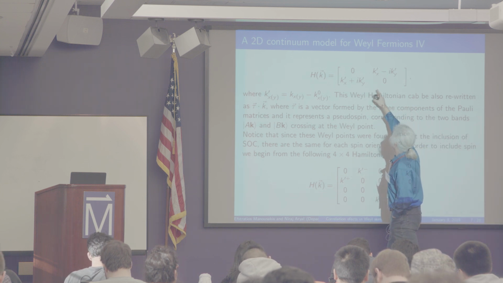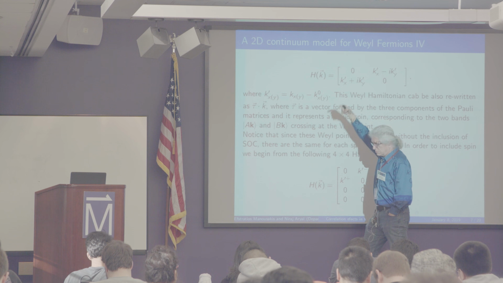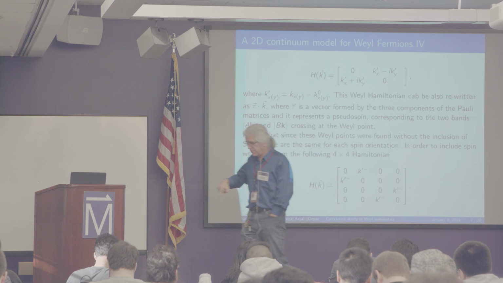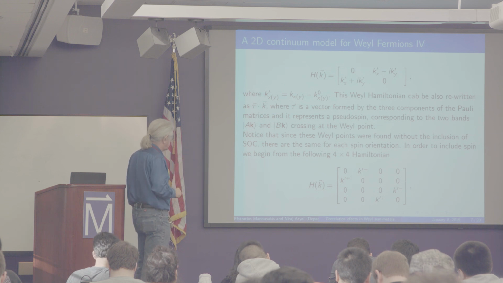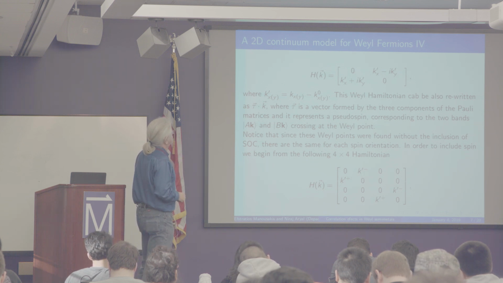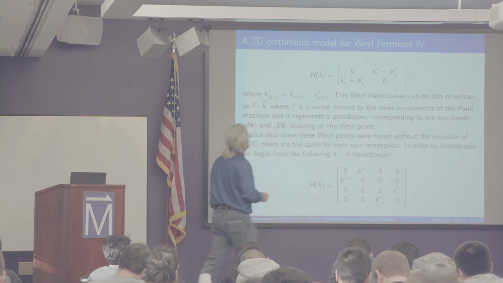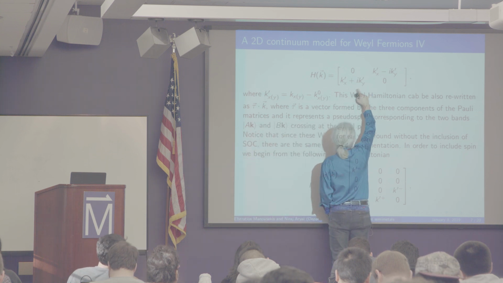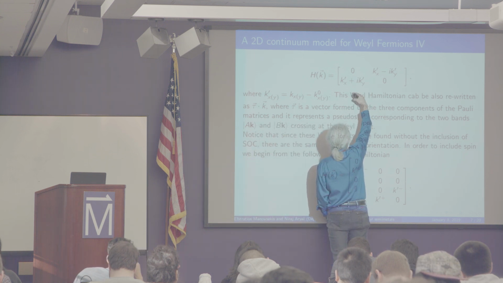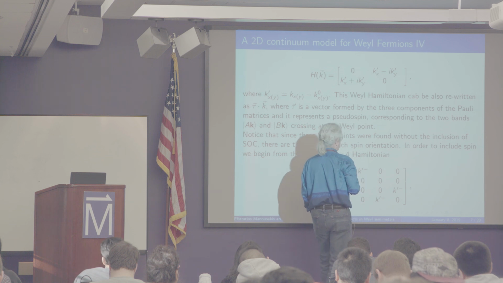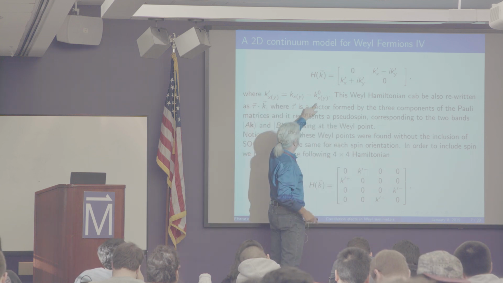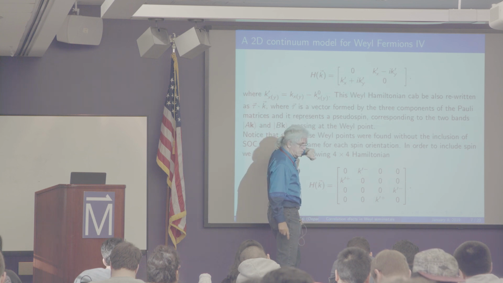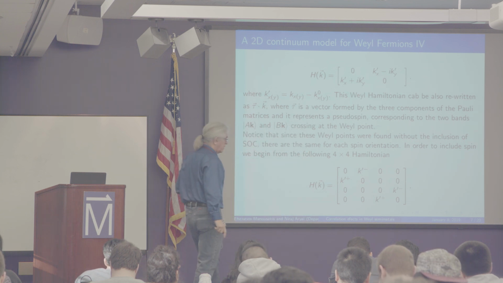This is the pseudo-spin, and the first row means D, and the other one means P, and they hybridize, and they give you this Hamiltonian, the famous thing. If you diagonalize this, the spectrum is going to be the square root of kx' squared plus ky' squared, where kx' is measured from this Weyl point, the distance from the Weyl point, not from the gamma point.